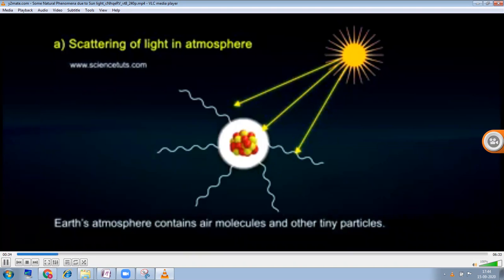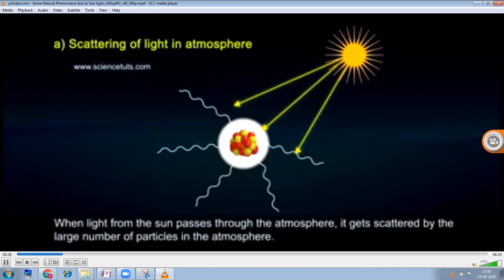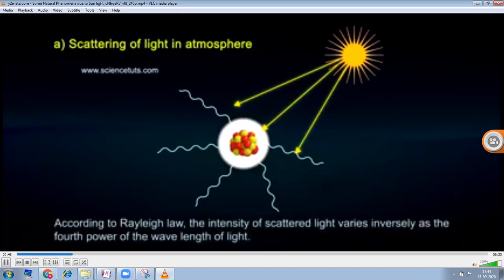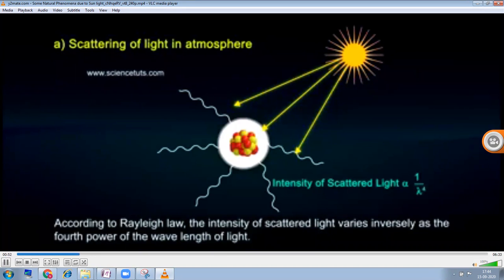Earth's atmosphere contains air molecules and other tiny particles. When light from the sun passes through the atmosphere, it gets scattered by the large number of particles in the atmosphere. According to Rayleigh law, the intensity of scattered light varies inversely as the fourth power of the wavelength of light.